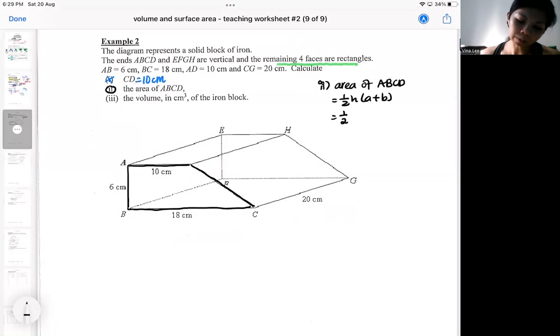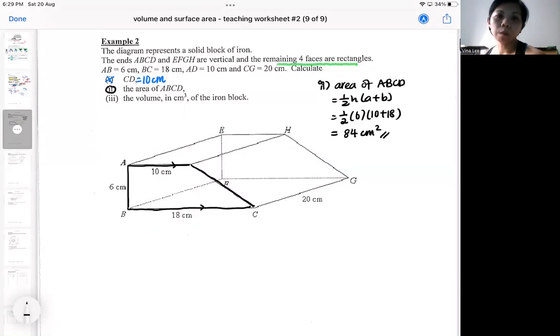So the height. So this will be the two parallel sides. So the height will be 6. So very much like your area and perimeter. You write out the formula, you put in the numbers, and then you punch calculator. So remember to give units.